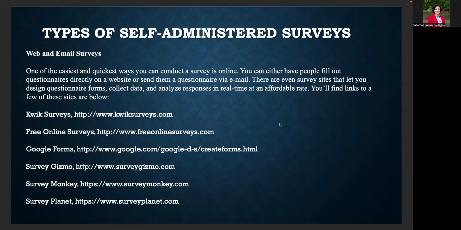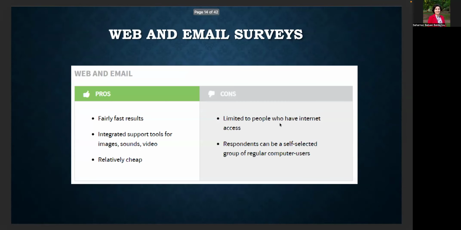One major category of self-administered surveys includes web-based surveys and email surveys, which have become extremely popular due to their low cost and quick turnaround. So you collect everything through the web or through the email.